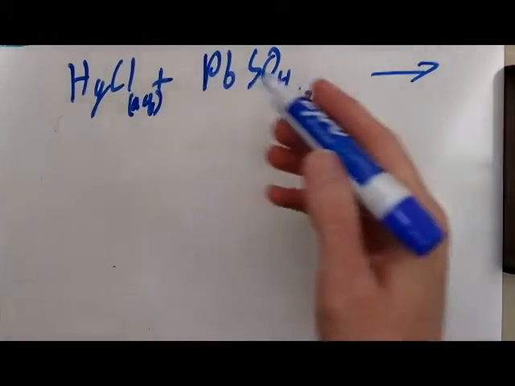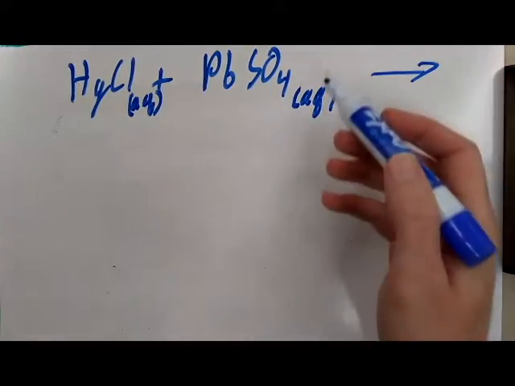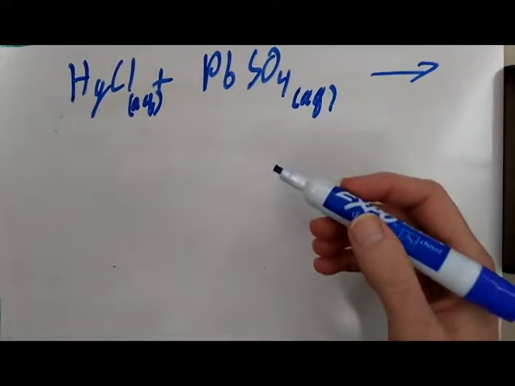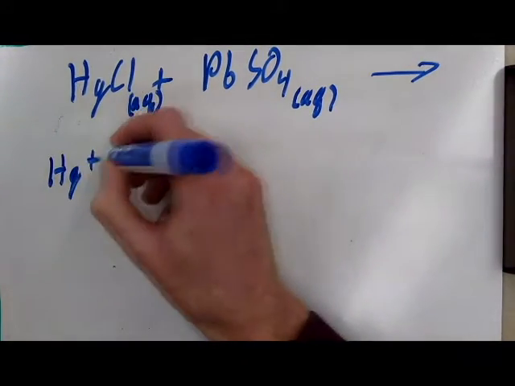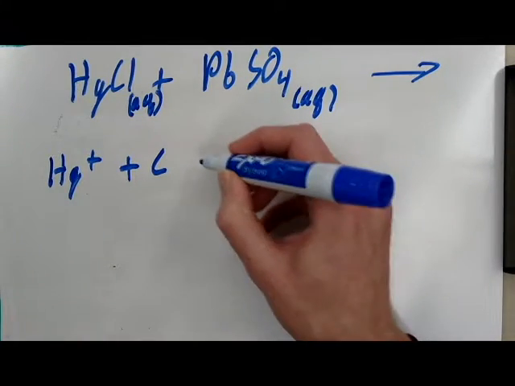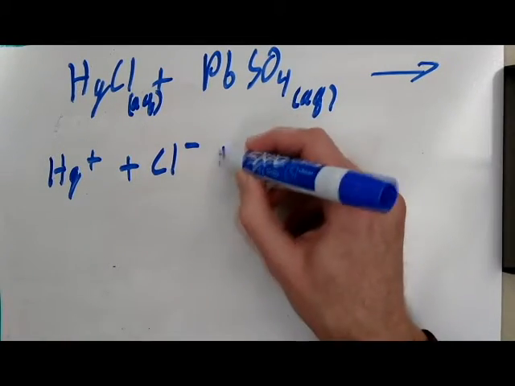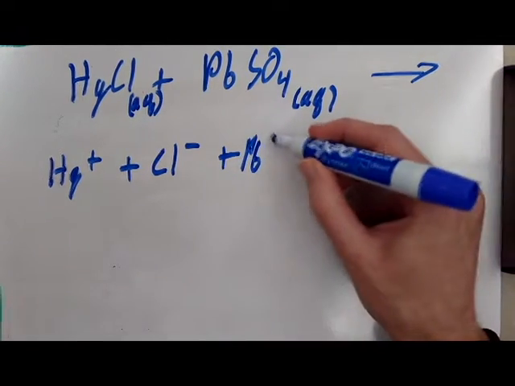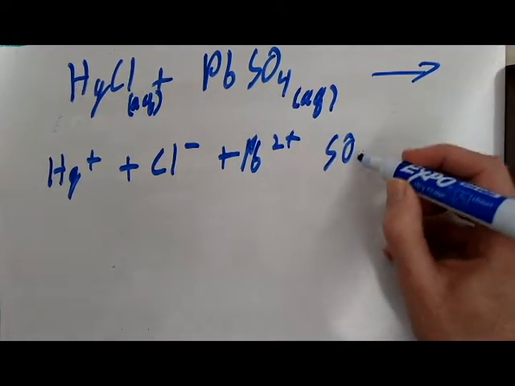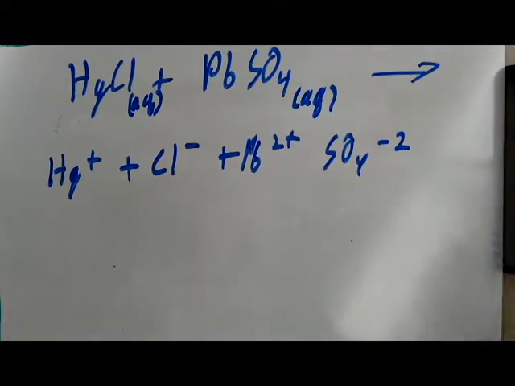Now, in an aqueous solution, as you know, that's going to be when our salts dissociate into the ions that make them up. So in this solution that we currently have, we have mercury chloride and we have lead sulfate, and what that's actually going to look like then is mercury ions and chloride anions and lead ions and sulfate anions.